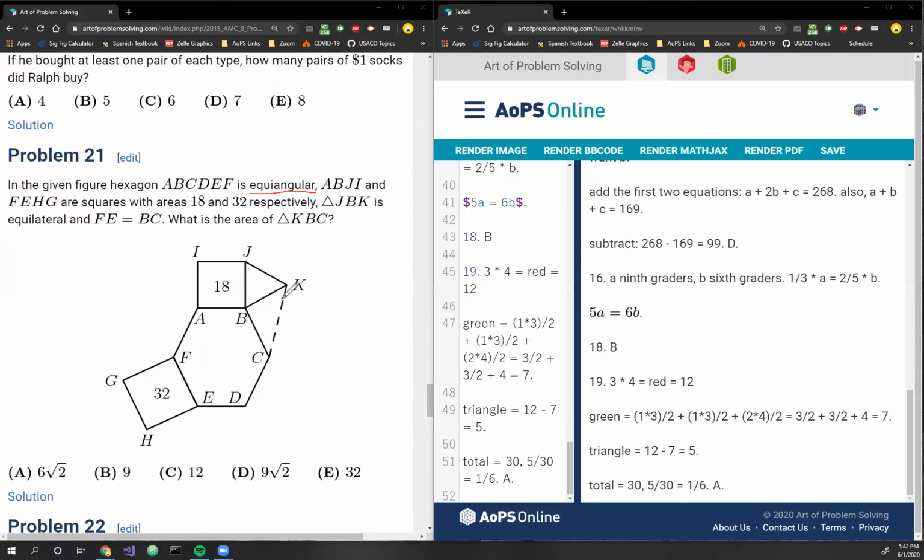Equiangular means all the angles are equal. Also, you don't have to share only answers in the chat. You can also just type some thoughts.